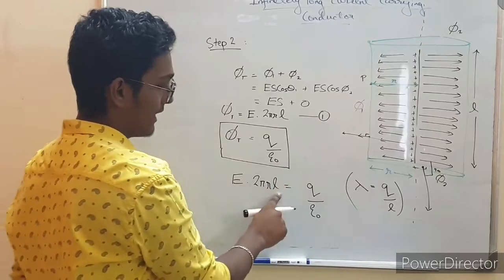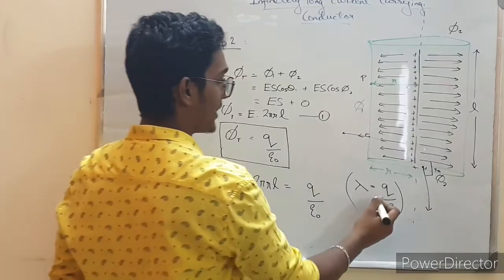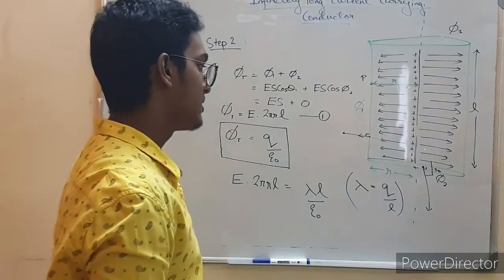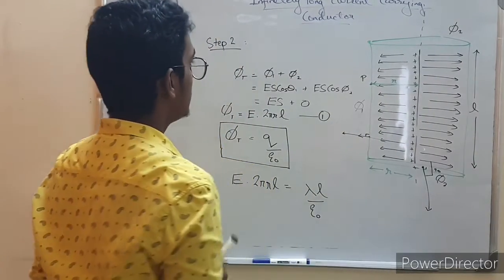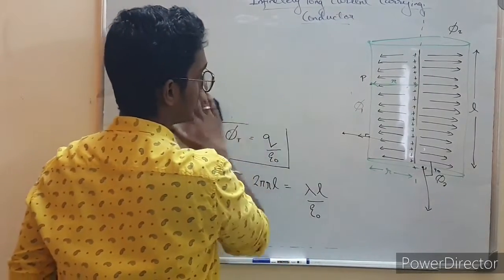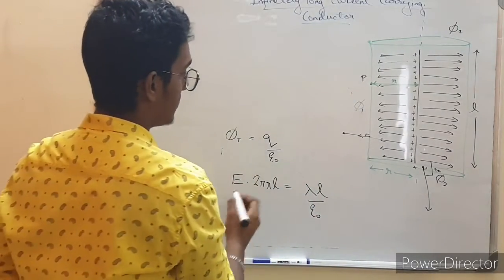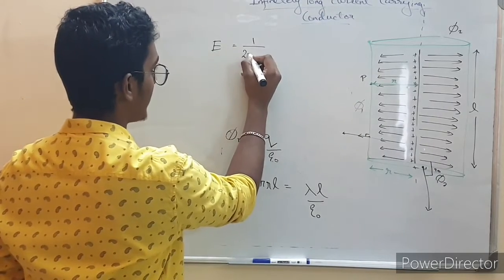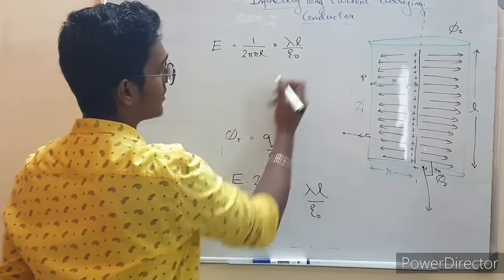And then you'll notice the L from this side and the L from the right hand side get cancelled off. So let's change Q equals L lambda over here. Yes. So now we have to just rearrange the equation. I'm going to erase the top. Okay, so by rearranging you get E equals 1 by 2 pi RL into lambda L by epsilon naught.